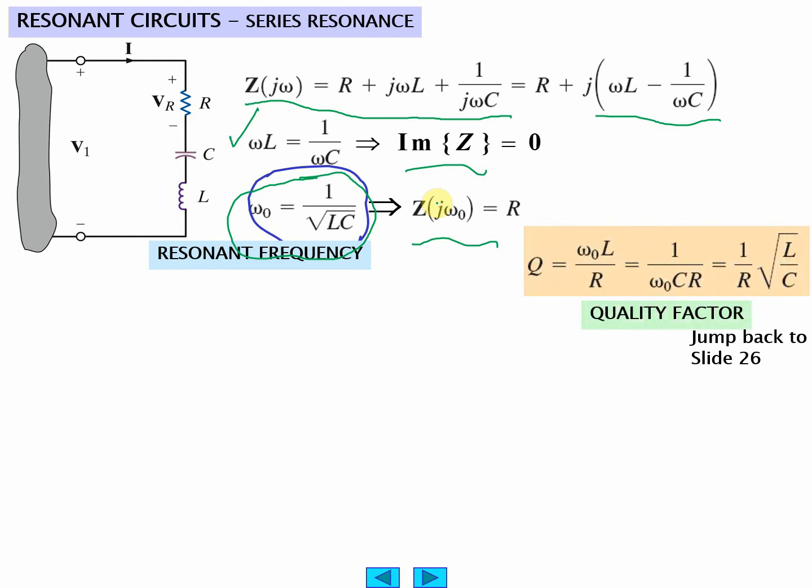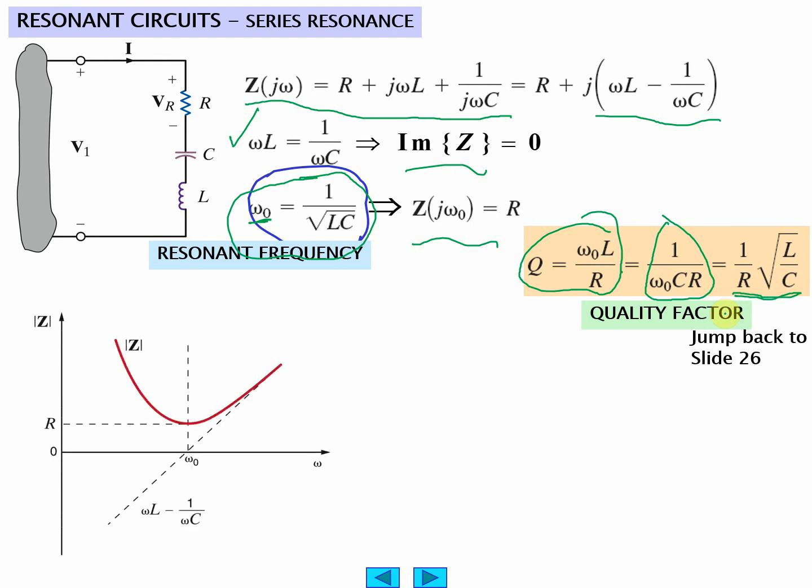So we have the resonance frequency and quality factor. For this circuit, the quality is given by omega 0 L over R, or 1 over omega 0 CR. We're going to see more about quality in a little bit, and we can write it like this without the omega factors.